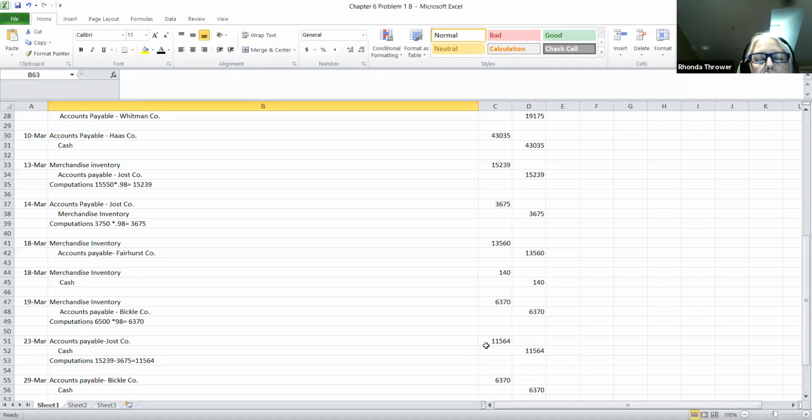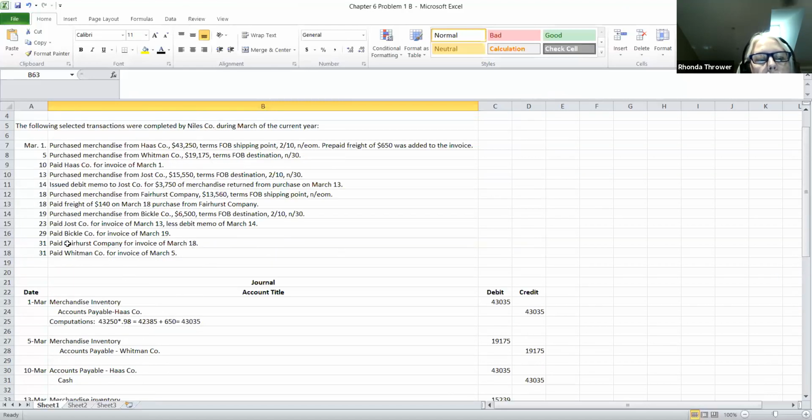Our accounts payable is reduced to zero by debiting $11,564, and then we are going to credit our cash account for $11,564. We're paying the Joss Company the amount that we owed them less the return, which was $11,564.